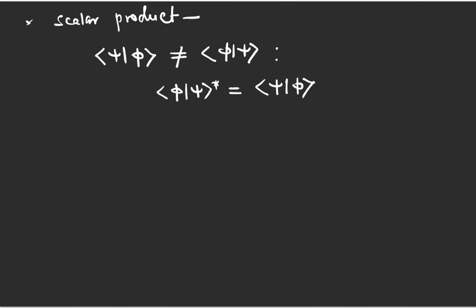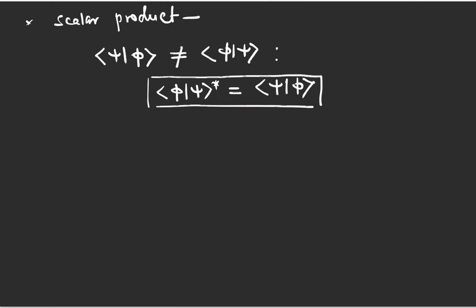So we can see that if we change the order of bra and ket, the quantity changes. So the scalar product bra phi with psi complex conjugate is equal to the inner product of psi with phi.